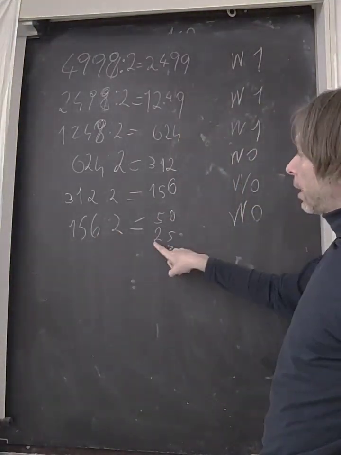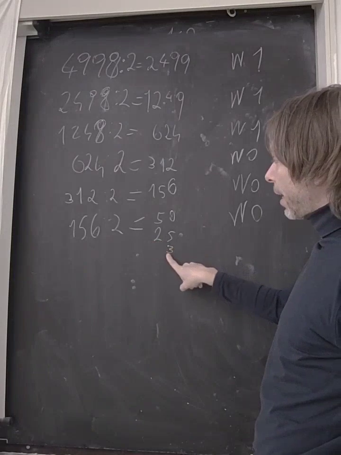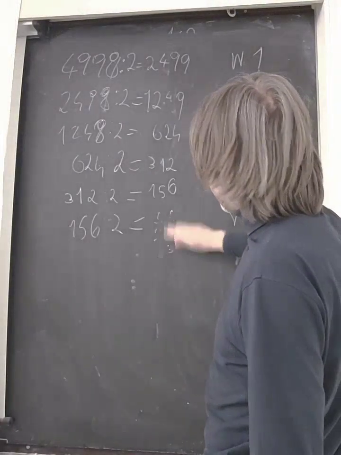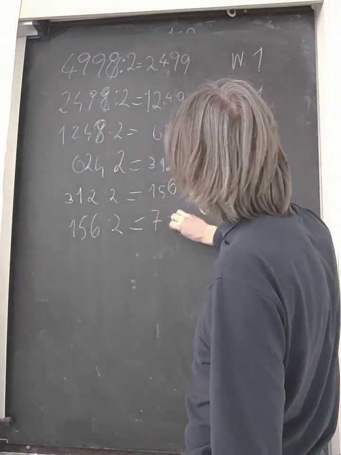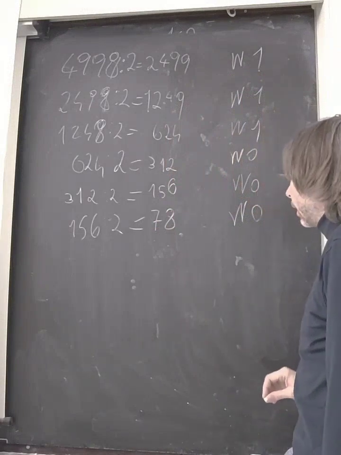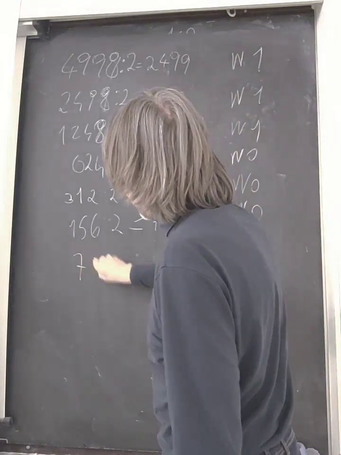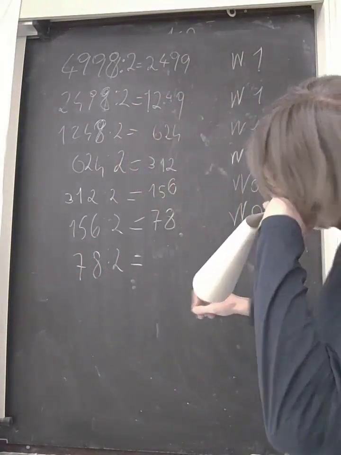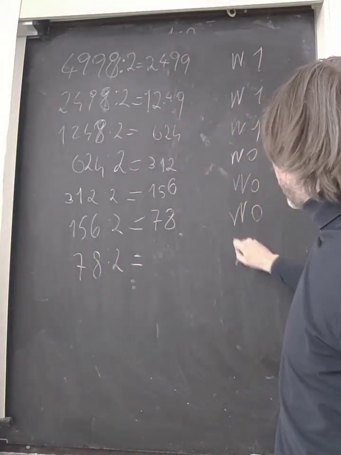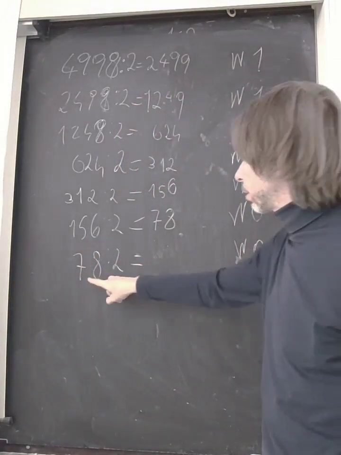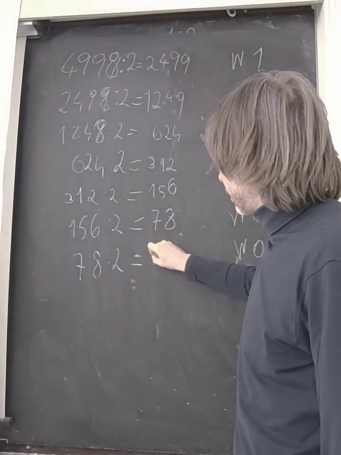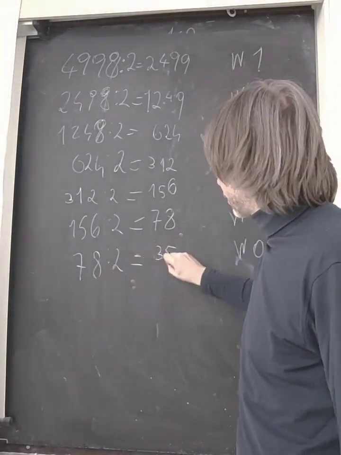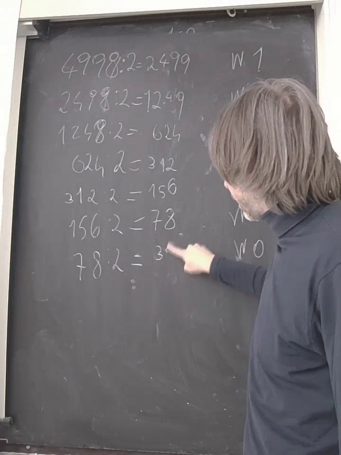So in total I have 78. Okay, 78. Divide it again. 78 divided by 2. Even number, so waste 0. The half of 70 is 35, the half of 8 is 4, so in total 39.